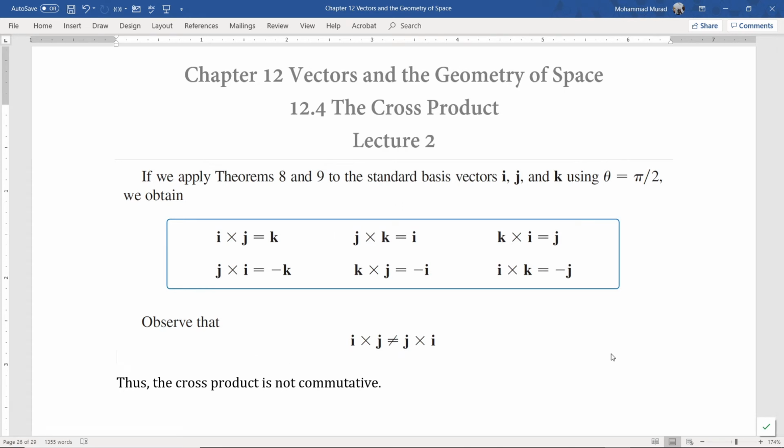Now, if we calculate the cross product of the standard basis vectors i, j, k, we would obtain these formulas. i cross j is k, j cross k is i, and k cross i is j. This can easily be memorized by the following figure.